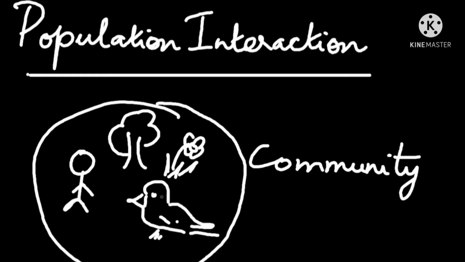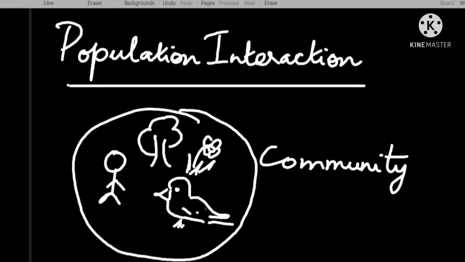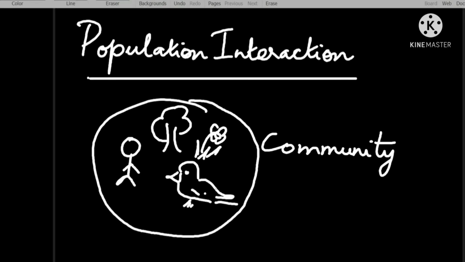They interact with each other, they depend upon each other. Nobody stays isolated. So there are different types of interactions in a community, and we are going to study about the different types of interactions.